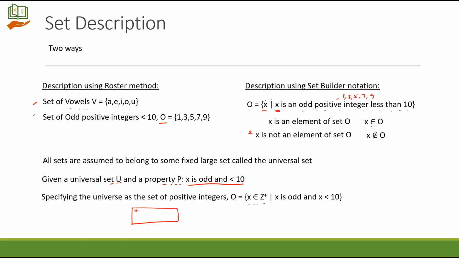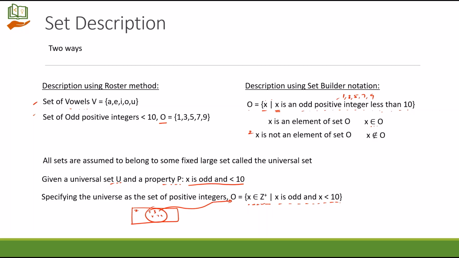I will tell you the notations of integers and rational numbers later, but you have to represent positive integers using Z plus, such that x is odd and x is less than 10. This will state what the universe is about. Using this property, you have to choose the elements from the universe. From this we can say 1, 3, 5, 7, 9 can be picked up as a set, and this set is named as set O.